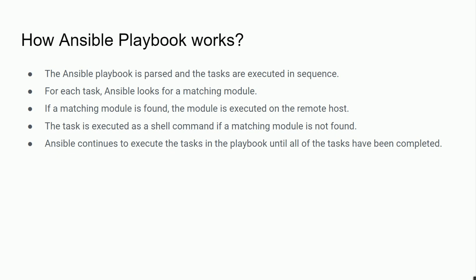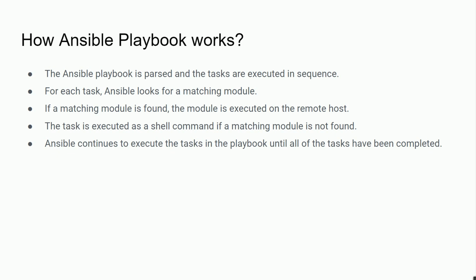For example, if any task defined in the playbook is not part of a module, it runs as a shell command. But if it matches an existing Ansible module, then the existing module is set up by Ansible for the respective collection of shell.